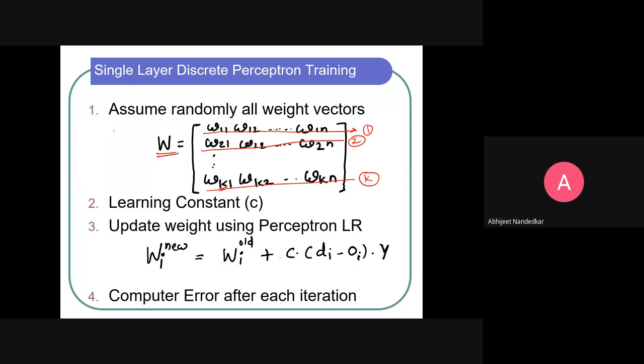Suppose I have 3 neurons and a feature vector of size 2. So this one additional node makes it 3. Okay, so this is connected to everybody.